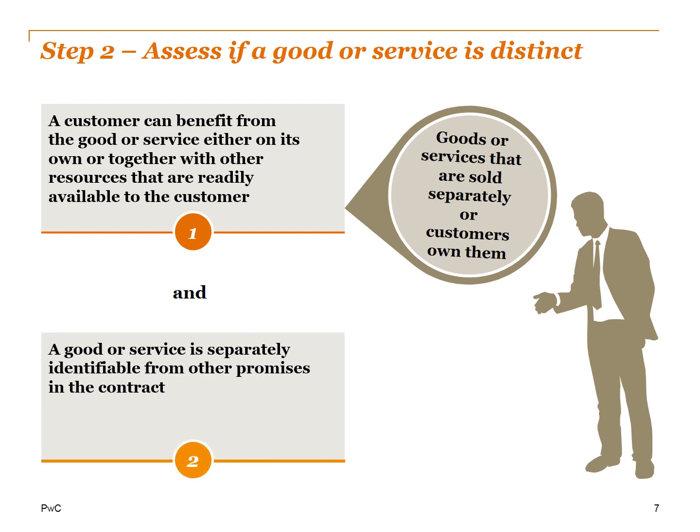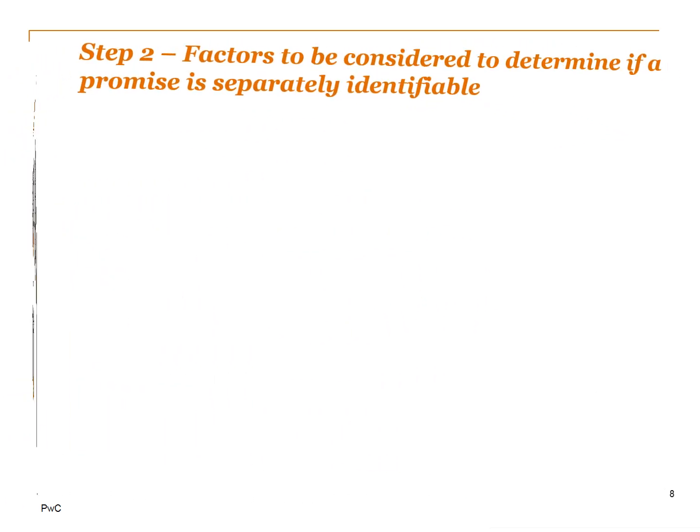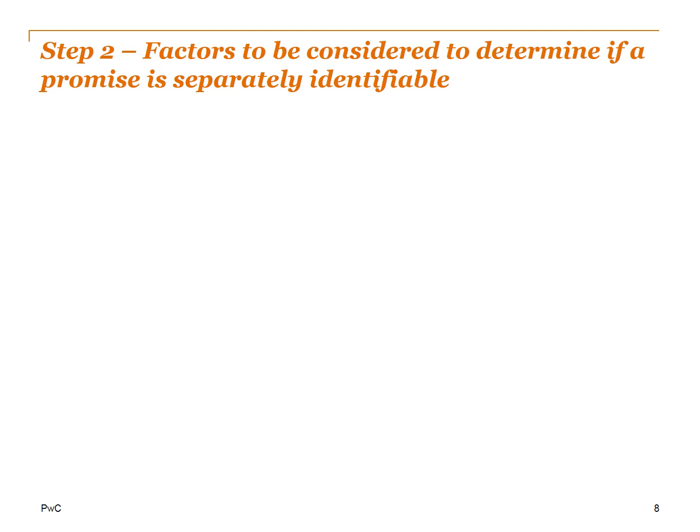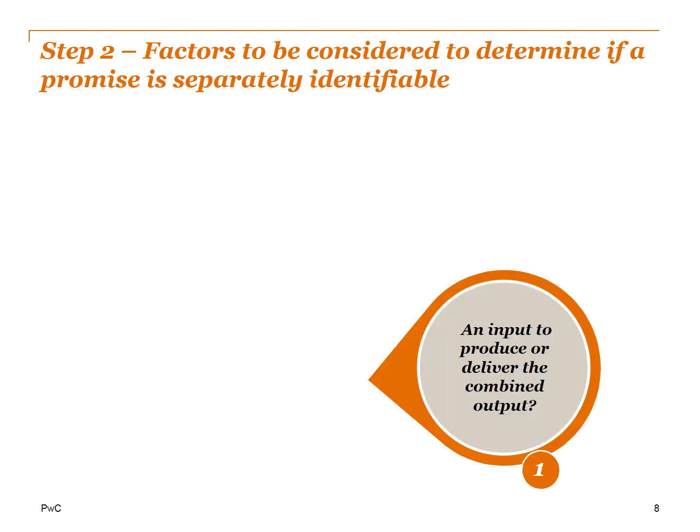IFRS 15 also gives us factors to help us to determine if a good or service is separately identifiable from other promises in the contract. Let us look at what those factors are. IFRS 15 provides factors that indicate that an entity's promise to transfer a good or service to a customer is separately identifiable. They include, but are not limited to, the following. The entity is not using the good or service as an input to provide or deliver the combined output specified by the customer.